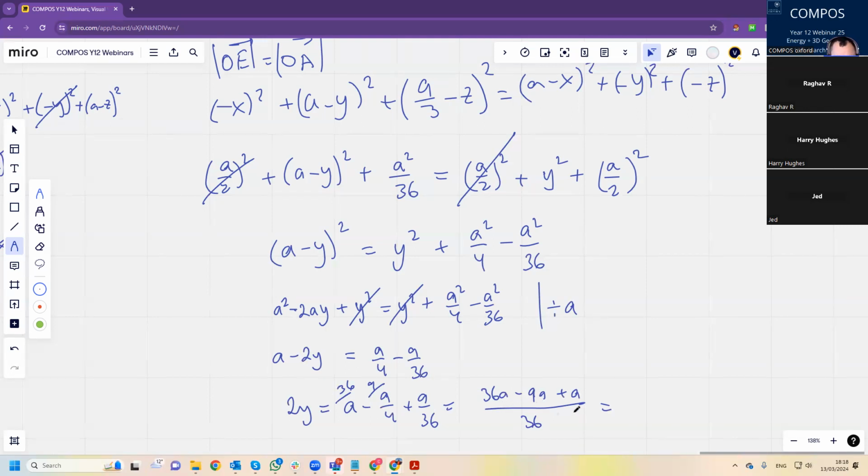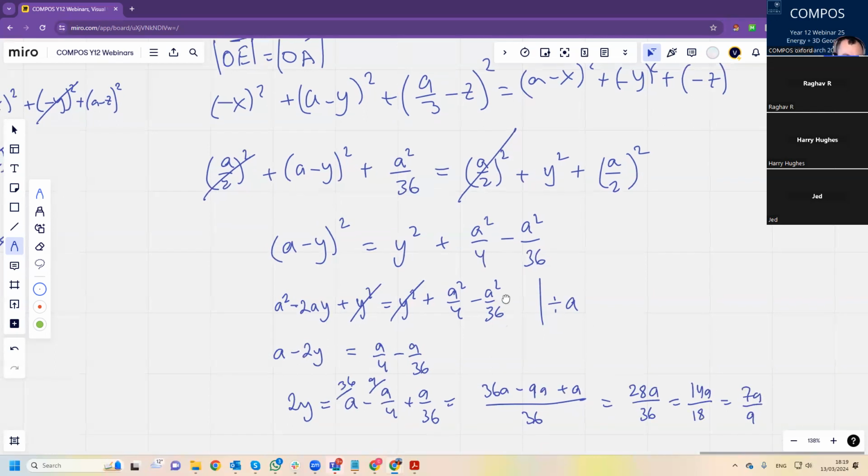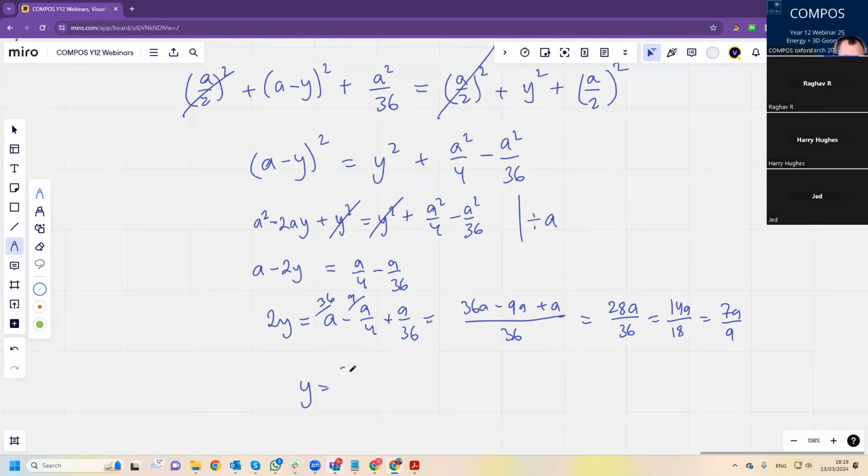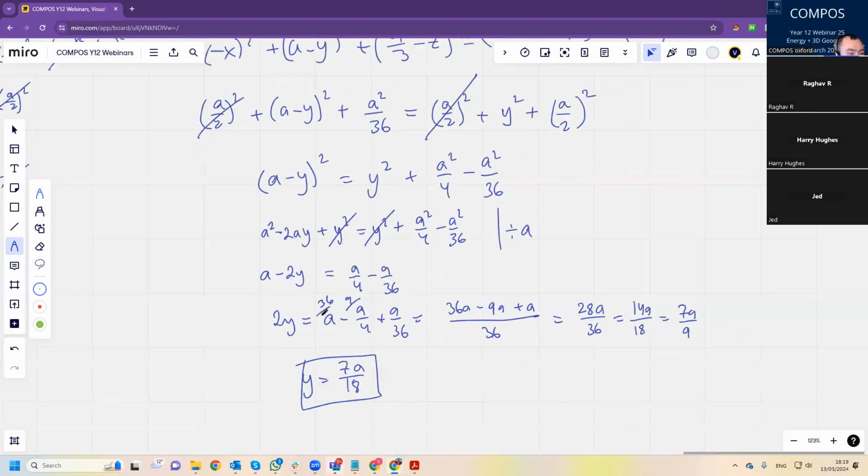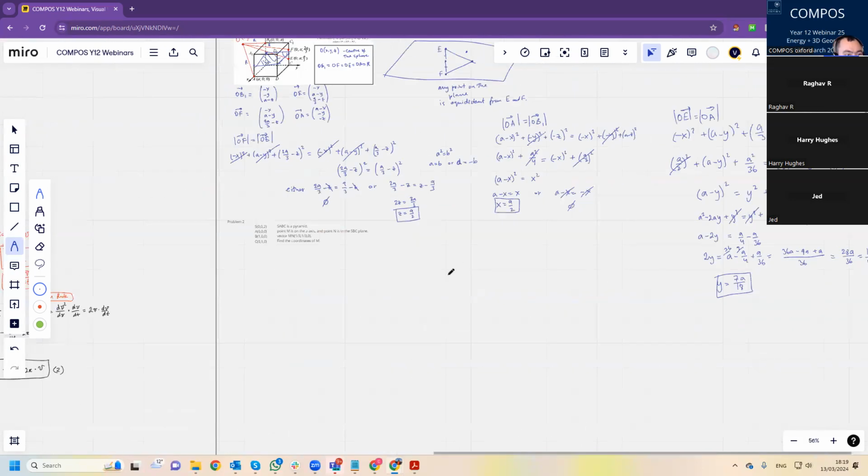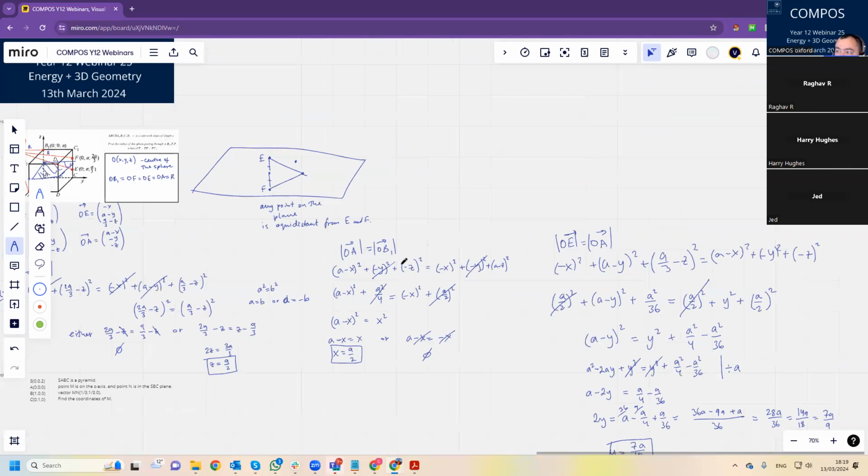Oh, 28. 36 minus 9 is 27 plus 28a over 36, which is 14a over 18, which is 7a over 9. And then finally, y is 7a over 18. And that's the values.